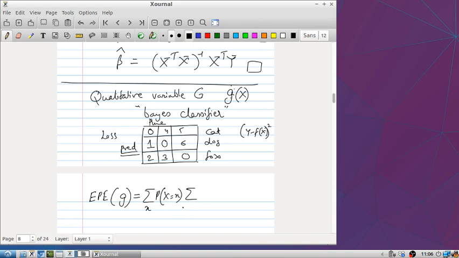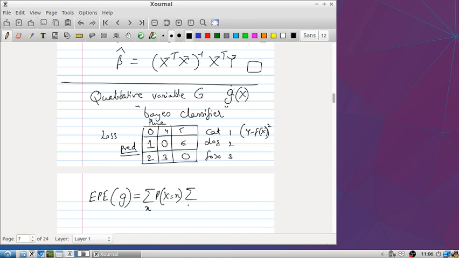So let's say cat is 1, dog is 2, and fox is 3, just numbers associated with the 3 classes or 3 labels.